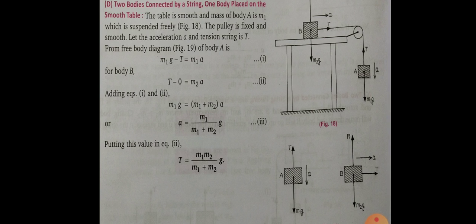Case D. Again, a system is made by connecting two bodies by a rope. One body is hanging while the other body is kept on a horizontal smooth surface like a table.